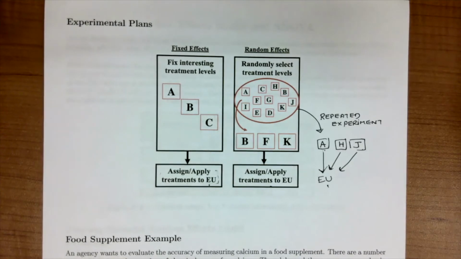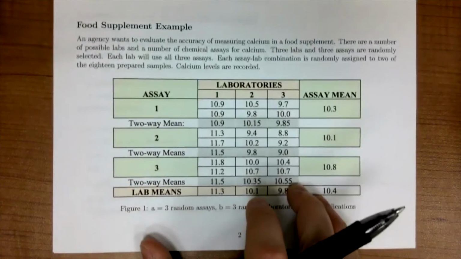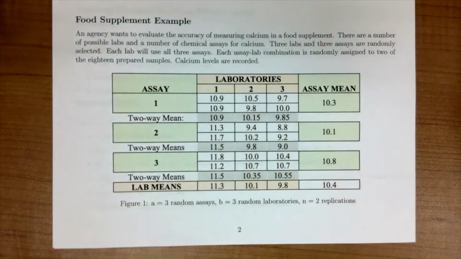To hopefully give us a more concrete example, let's look at a food supply example that will carry throughout the rest of this lesson. An agency wants to evaluate the accuracy of measuring calcium in food supplements. There are a number of possible labs and a number of chemical assays for calcium.